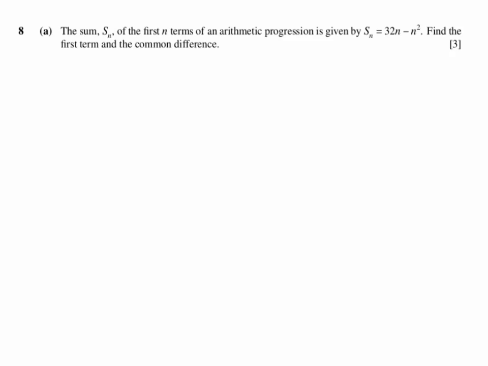Now let us solve another question. The sum Sn of first n terms of an arithmetic progression is given by 32n minus n square. Find the first term and the common difference. See, S1 will always be T1 because there is only one term. So we'll get 32 into 1 minus 1 square, that is 31.